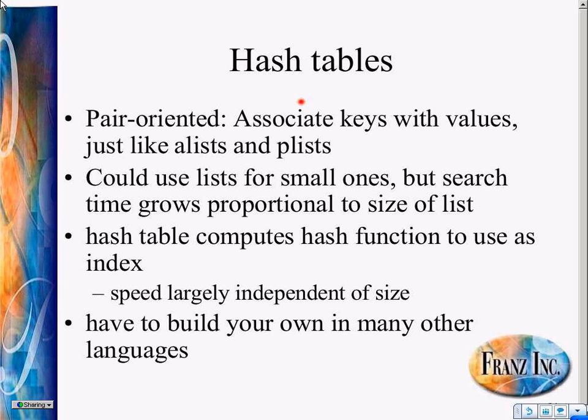And if you have a well-designed hash table where two different keys don't give the same value, then you can find an element of a hash table by simply doing an application of the hash function and then jumping to a location. And both of those are very fast functions.